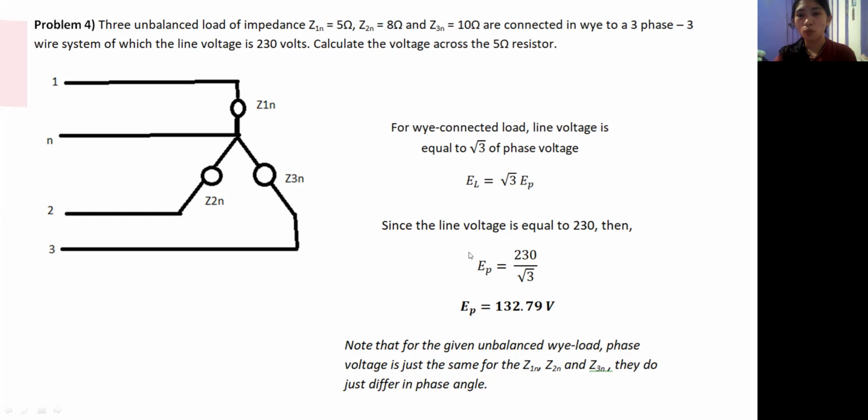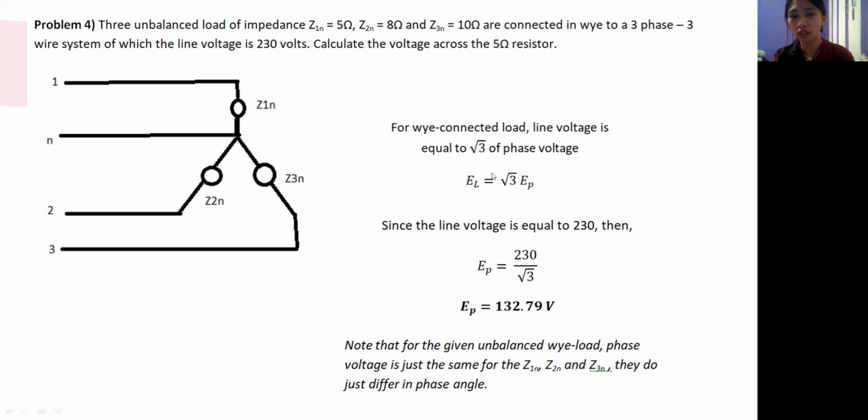We'll just use the formula for the line voltage. We are given the line voltage, and we are asked to calculate the voltage across 5 ohms, which would be the phase voltage.